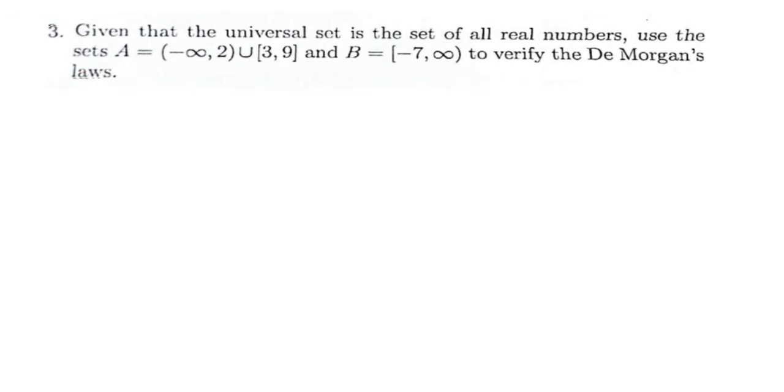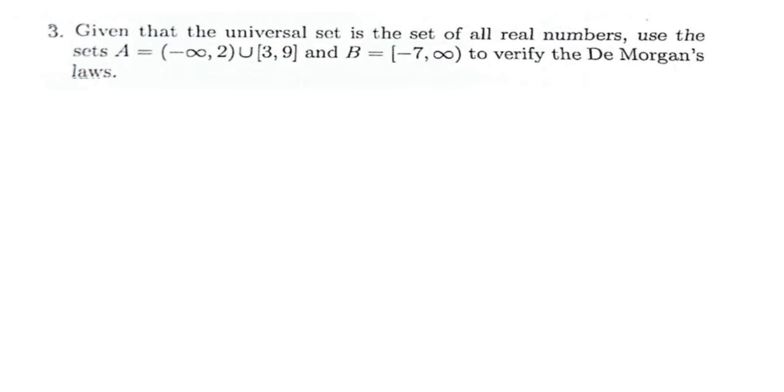Then given that the universal set is the set of all real numbers, use the sets A equals that and B equals that to verify the De Morgan's laws. Okay, so they've told us the universal set is the set of all real numbers.